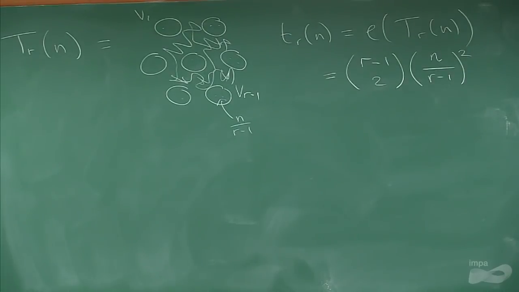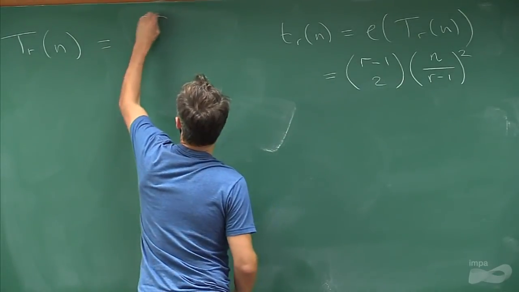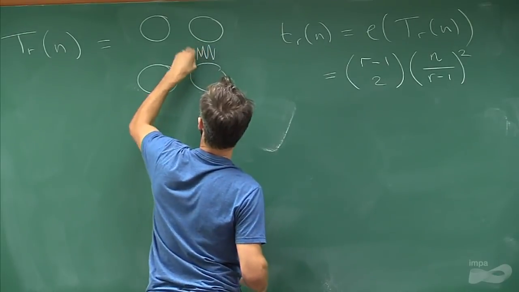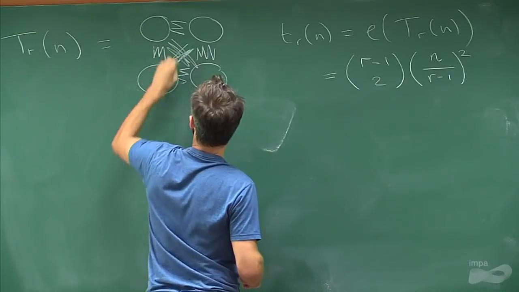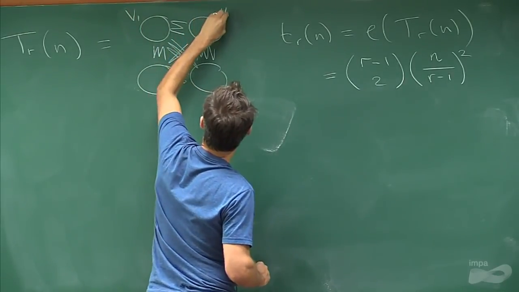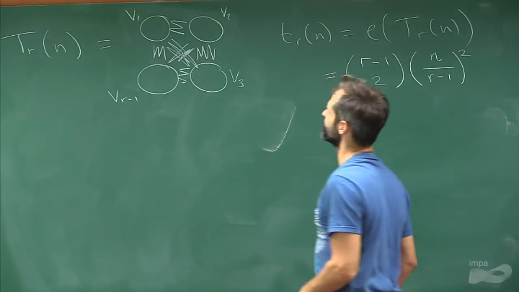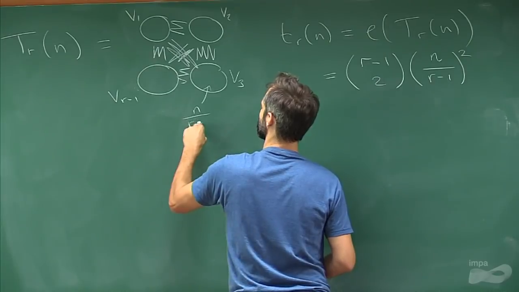There are r minus 1 parts. Now let's just draw it for 4, because then you can actually see it a bit better. I'm going to pretend that r is 5. V1, V2, V3, V_{r-1}, and each of them has size n over r minus 1.